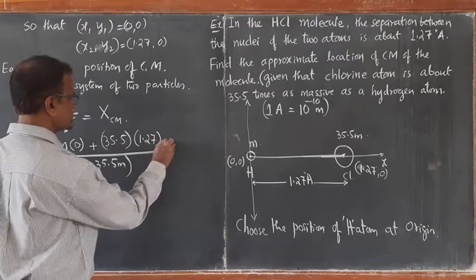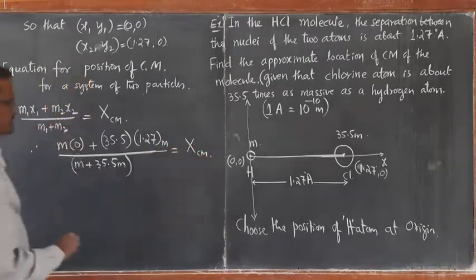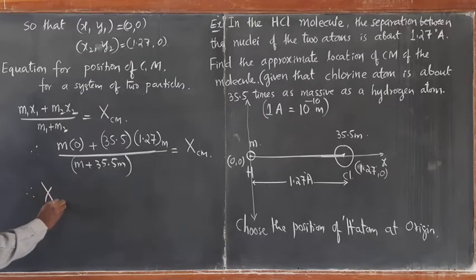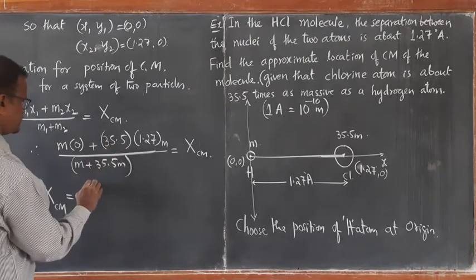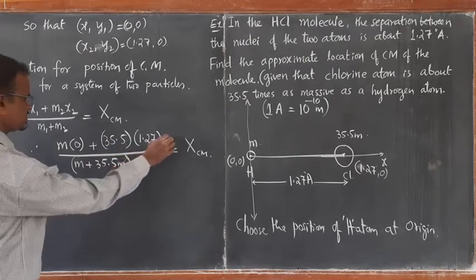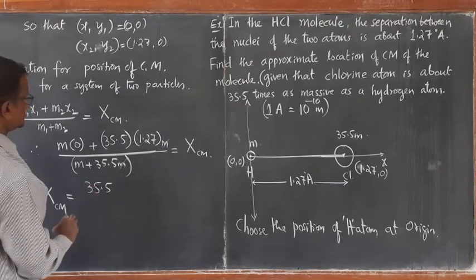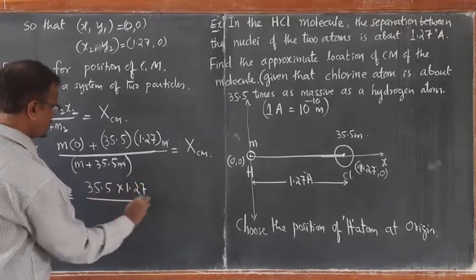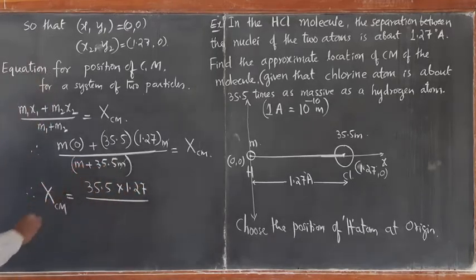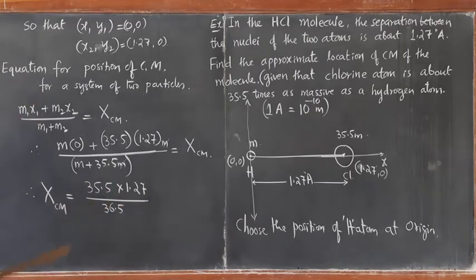The m cancels. So the position of the center of mass along the x-axis becomes 35.5 into 1.27 whole divided by 36.5. This is how we get the result.